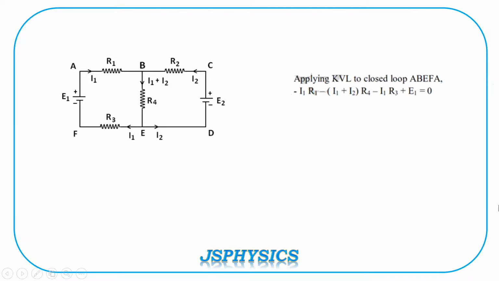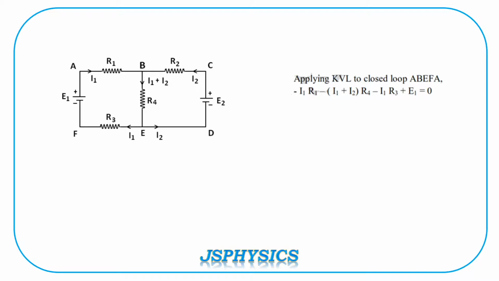First let us apply Kirchhoff's law to the first loop A, B, E, F, A. As I mentioned earlier, we will be following the clockwise movement. If I move clockwise in the first loop, I am going from A to B. That means my potential difference is minus I1 R1.